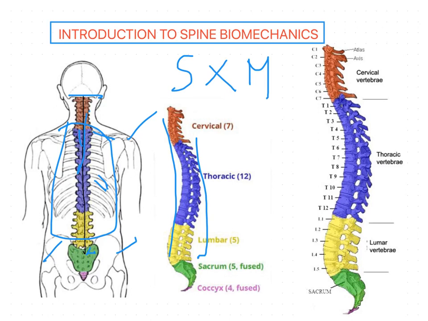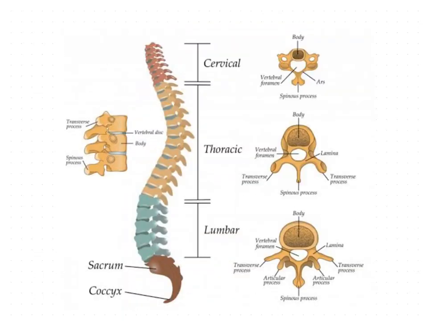Like this we are going to discuss the general structure. After that we are going to discuss what is meant by a mobile segment. After that, we are going to discuss the typical vertebrae of the vertebral column.